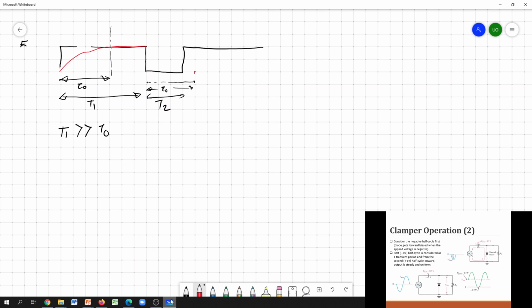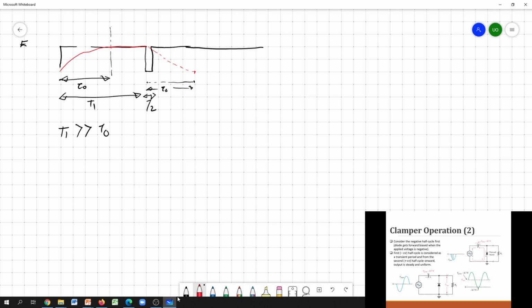So this is T2. If the capacitor needs to discharge to its minimum, it needs this much time, but within the T2 period it cannot discharge that far. It only discharges to here.